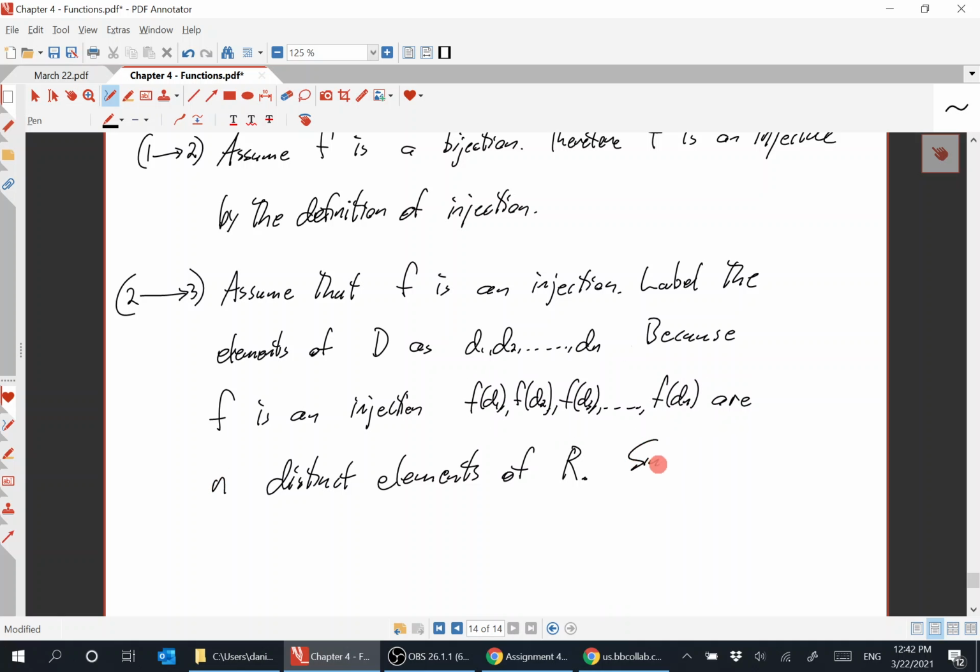Okay, since n is equal to the number of things in the domain, and the domain and the range have the same size, it must be the case that R is actually equal to what?